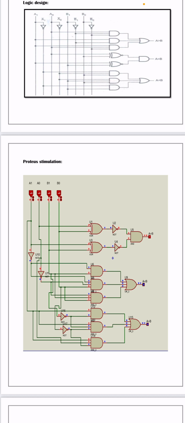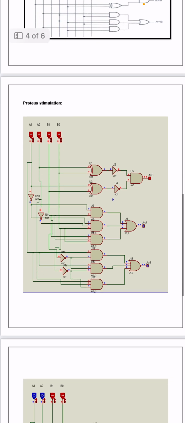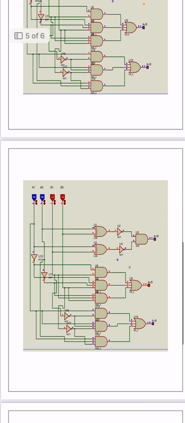What is happening is, when we put these inputs, A is equal to B gives us logic state 1, while for A is less than B, the logic state output is 0, and the same thing is happening for A is greater than B. And moving on, these are the simulations when 0 0 is given.